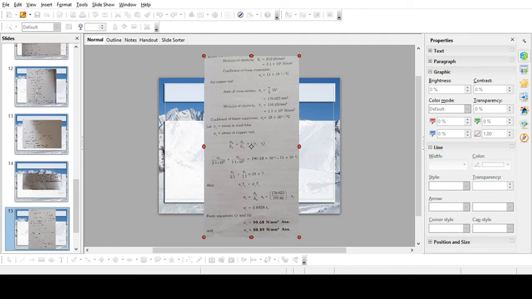Now we know that sigma s by Es plus sigma c by Ec should be equal to T into alpha c minus alpha s. Instead of alpha, it was written s in this particular equation.